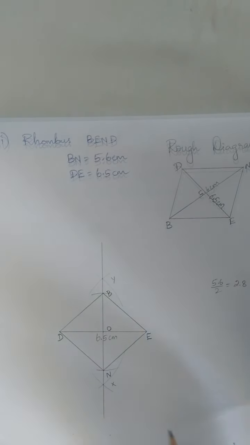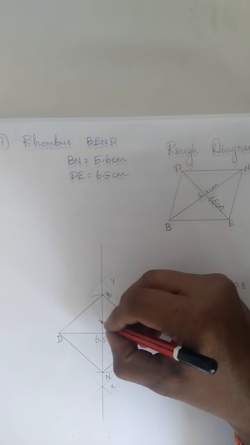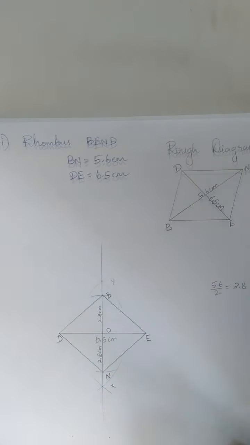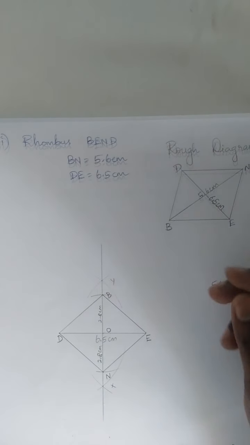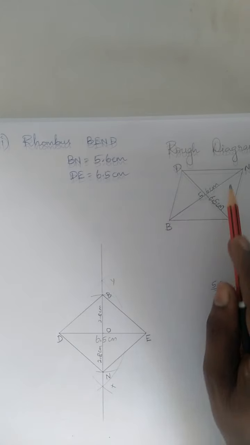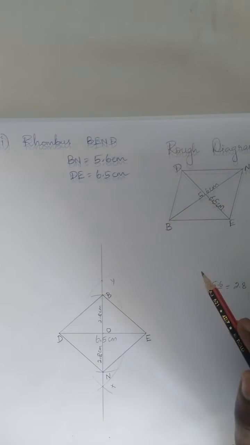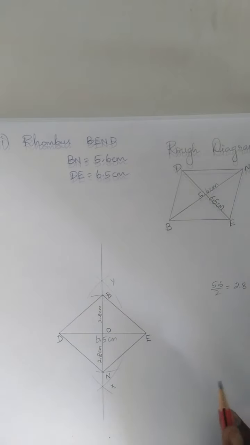Now we received the required rhombus BEND, and let's write here 2.8 centimeter and here also 2.8 centimeter. If you add these two, you will have 5.6 centimeter. So when only two diagonals are given, to construct the rhombus we apply the property that diagonals are perpendicular bisectors. By applying this, we are completing the quadrilateral, that is the rhombus BEND.